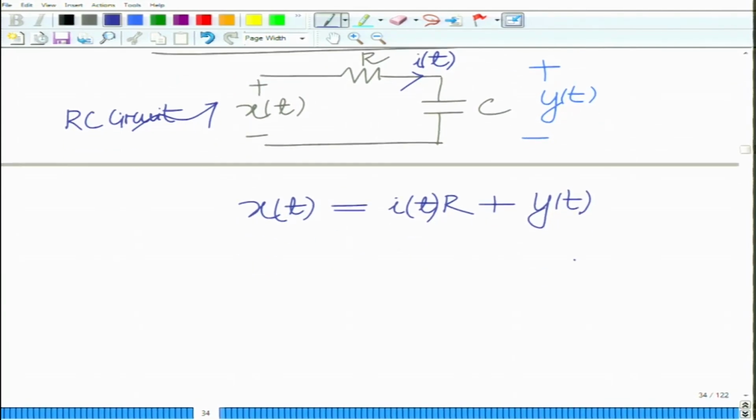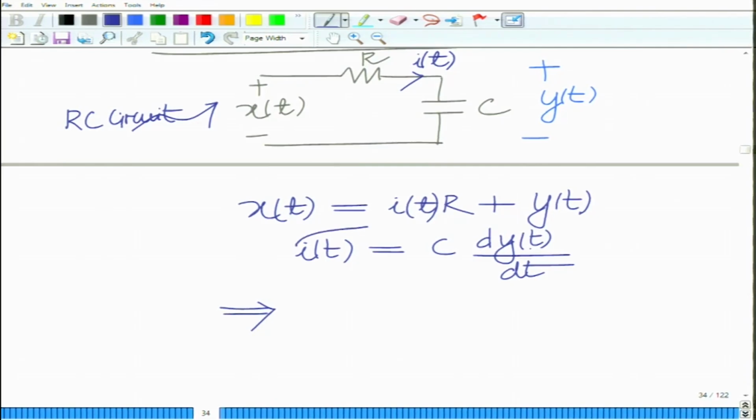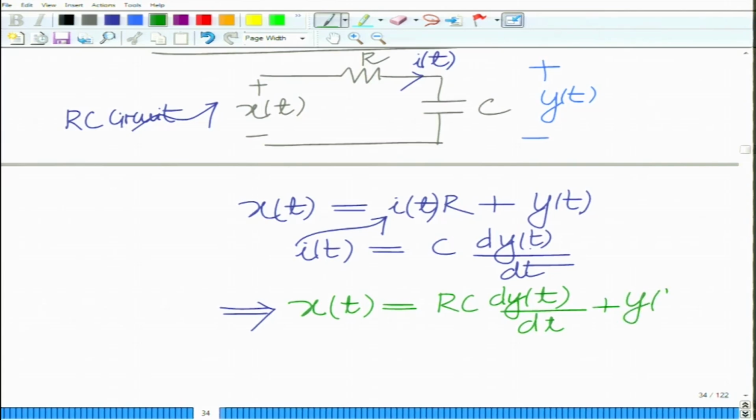But we know the current across the capacitor is C times the derivative of the voltage across the capacitor, that is dy(t)/dt, which basically implies, substituting this expression for i(t), x(t) equals RC dy(t)/dt plus y(t).